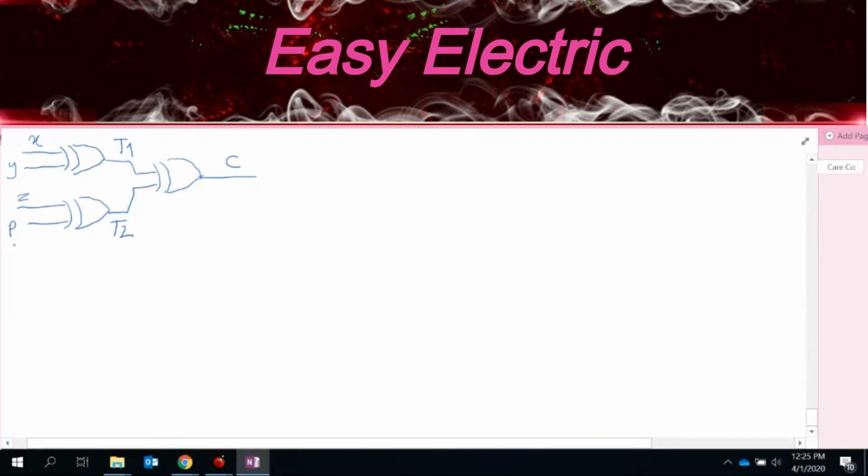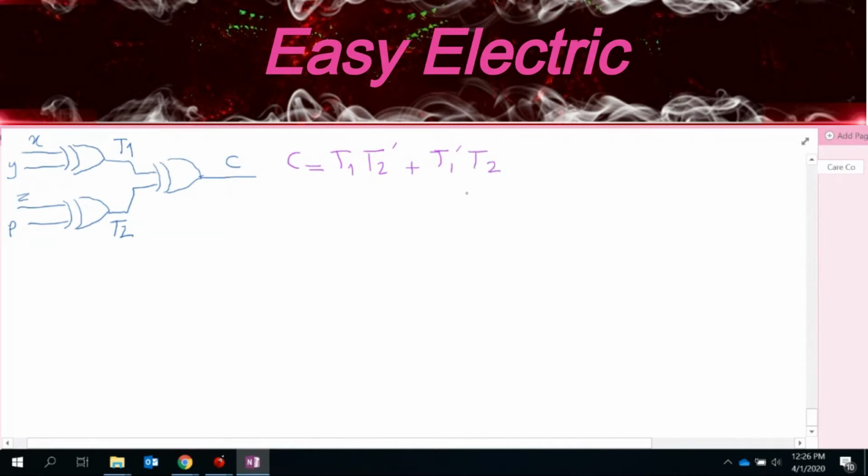So for doing that, we start with this C, right? So you already know this C is the XOR, so we already know the definition of the circuit. So the C should be equal to XOR of T1 and T2. So that means it should be T1 T2 prime plus, again, T1 prime T2.